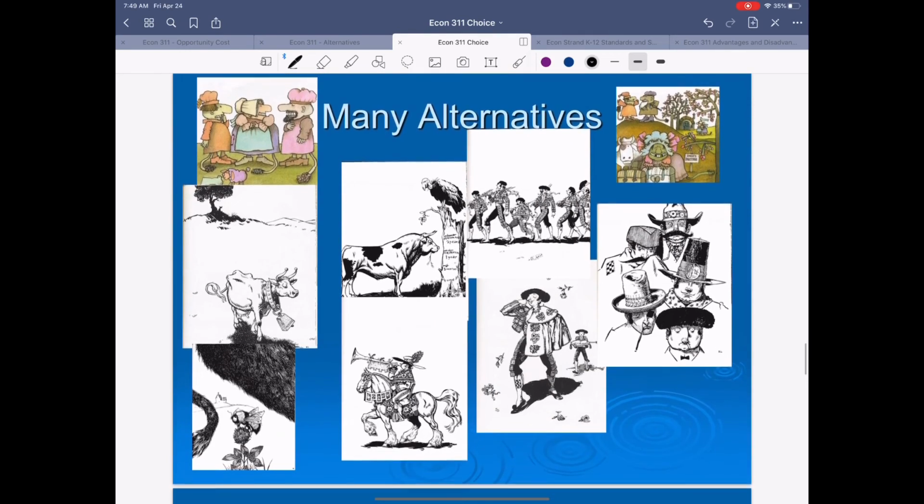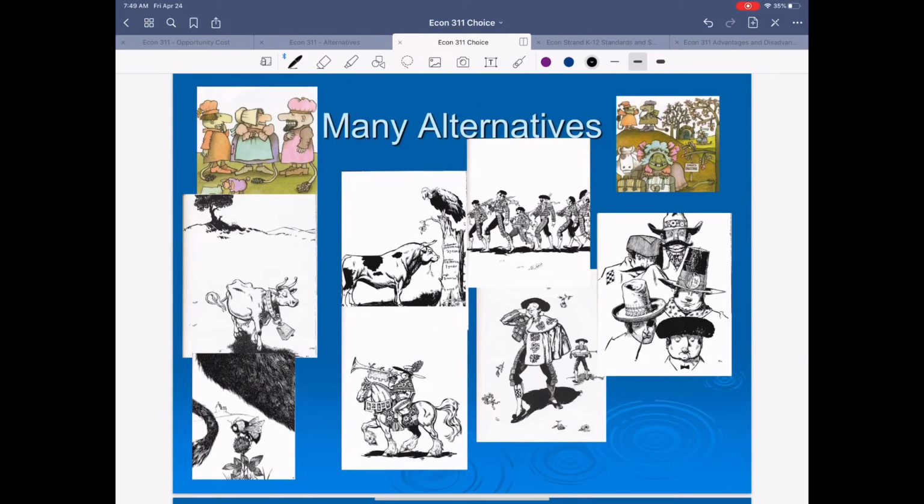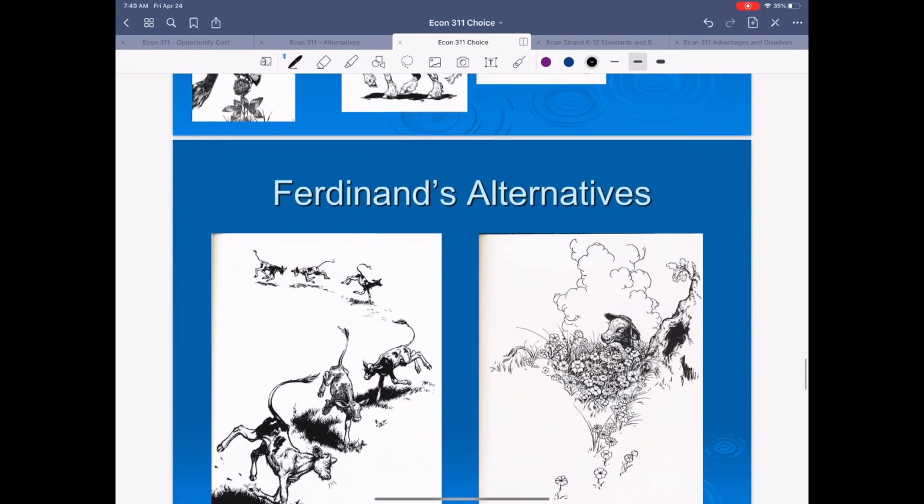Another story that we can use to illustrate the idea of choice is Ferdinand the Bull. And this is a wonderful story. It's simple, but he has alternatives. So Ferdinand has a goal, he has an obstacle, he has alternatives, and he has advantages and disadvantages of the various alternatives, and he makes his choice from those alternatives.